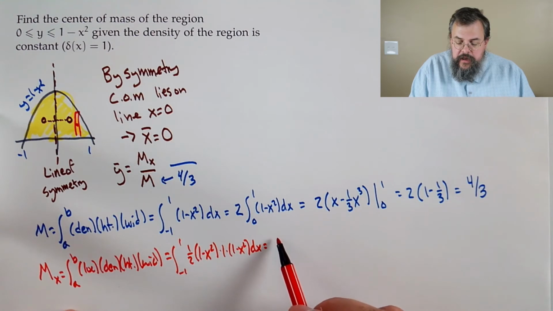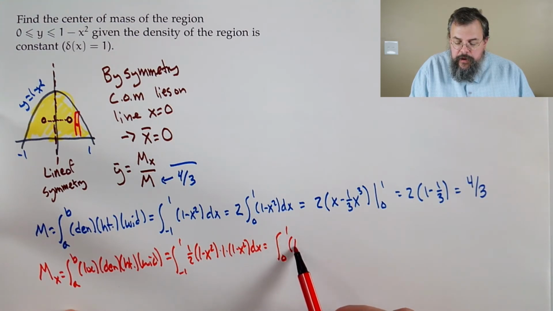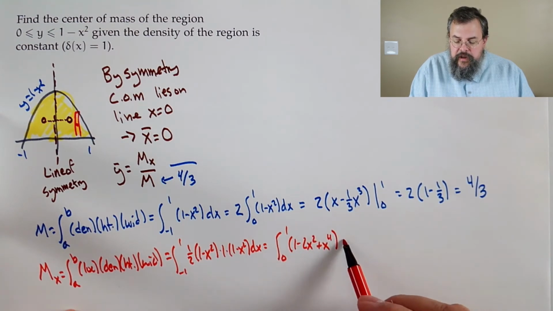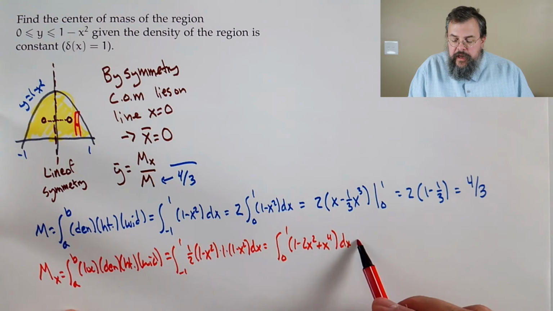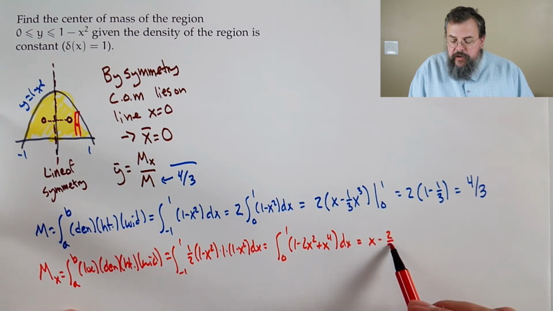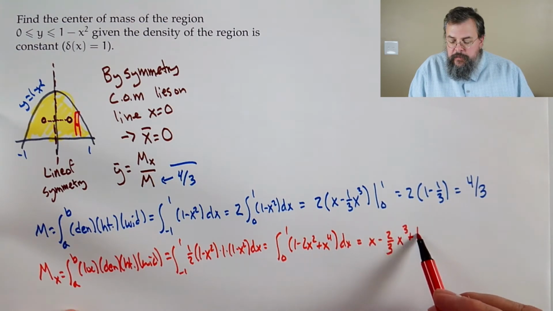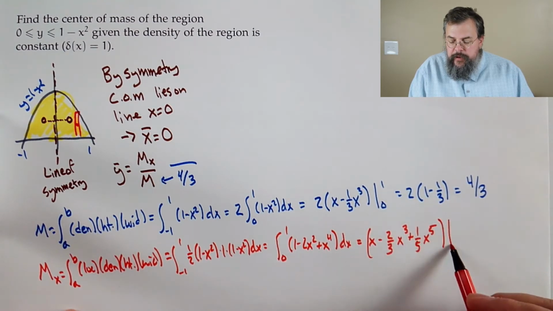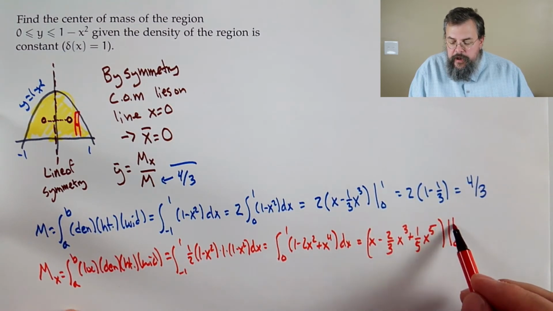And so we get that this is the integral from 0 to 1, expand out, 1 minus 2x squared plus x to the fourth dx. And that becomes x minus 2/3 x cubed plus 1/5 x to the fifth, evaluated from 0 to 1.